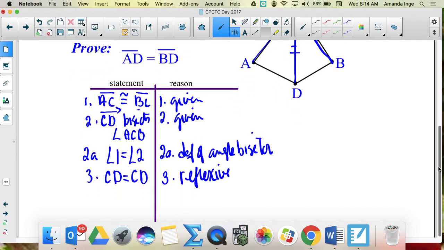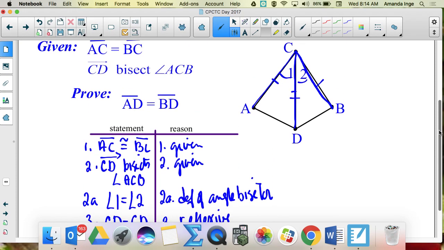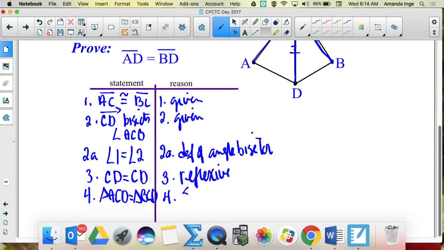So next we have that triangle ACD is congruent to triangle BCD. And the reason for that, well, it's one of those 5 ways, so let's go back. Side, angle, side. So the reason is side, angle, side. And look at what you wrote down.